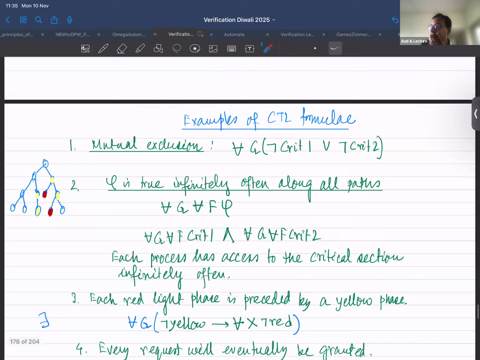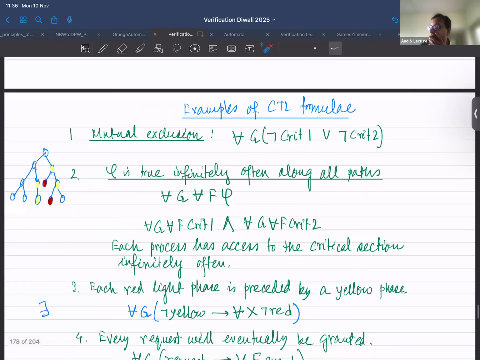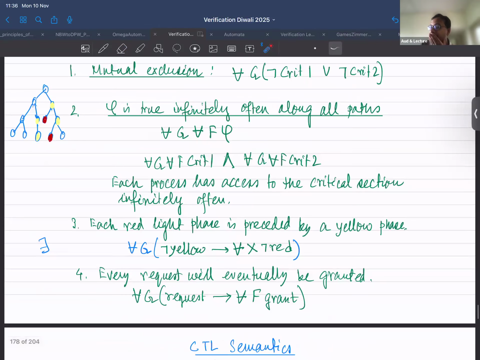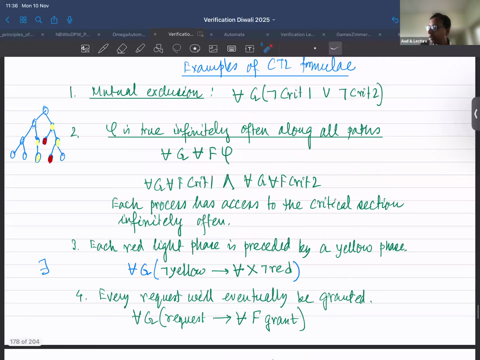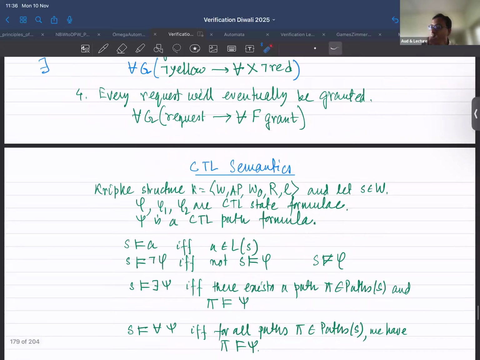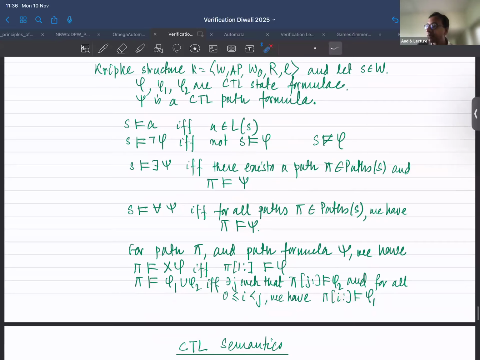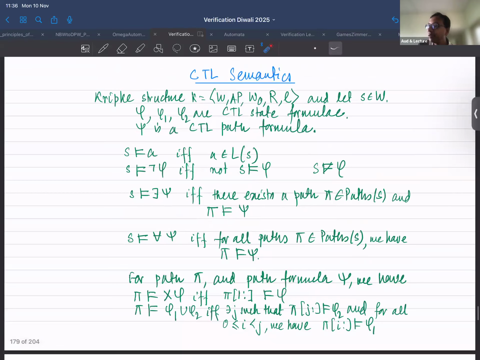We also looked at some of the properties which can be expressed in CTL, right? And all these things we looked at.